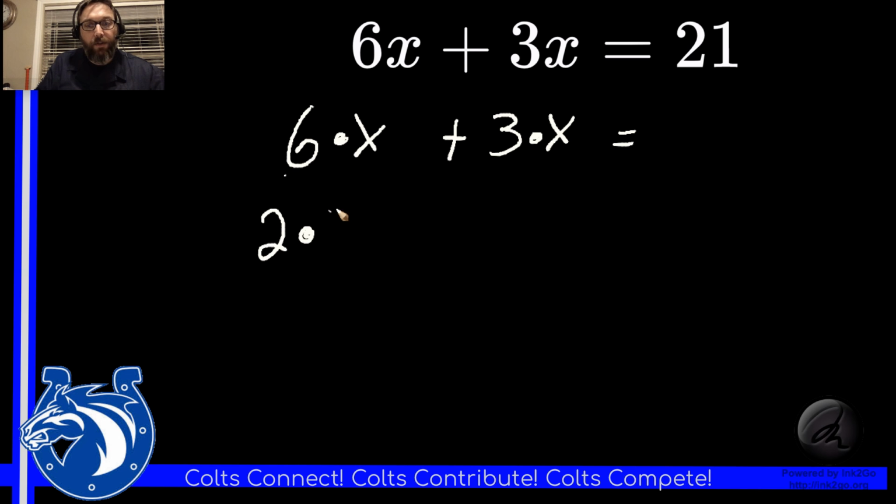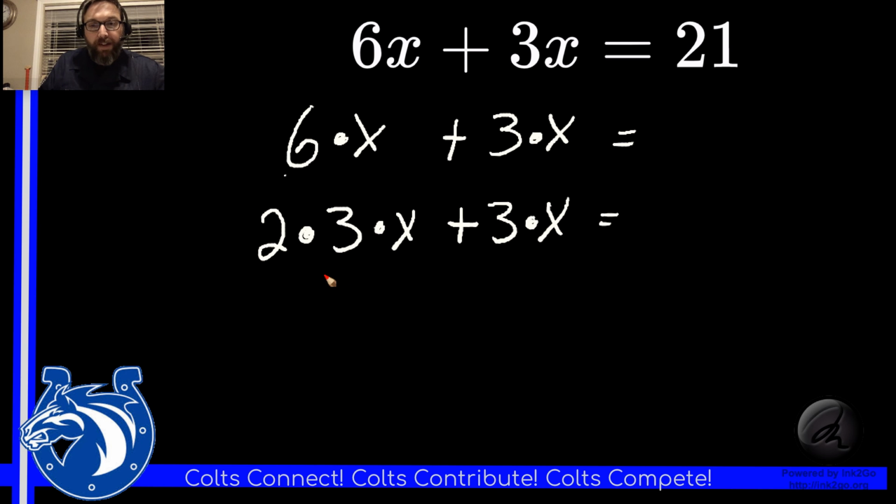So we could say 2 times 3 times x plus 3 times x equals. And now with the distributive property, I can look and I can say, what do I have of both of these that's the same? Well, I have a 3 and a 3, and I have an x and an x. So using the distributive property, I could factor those out.